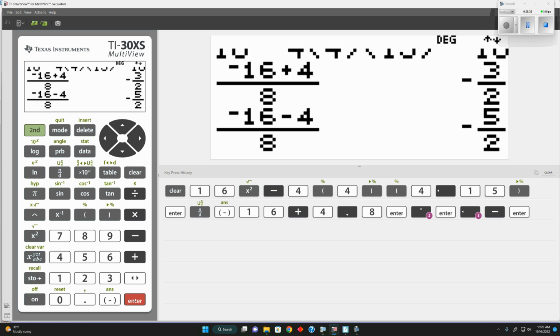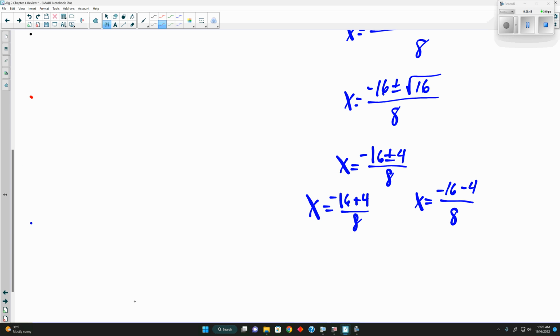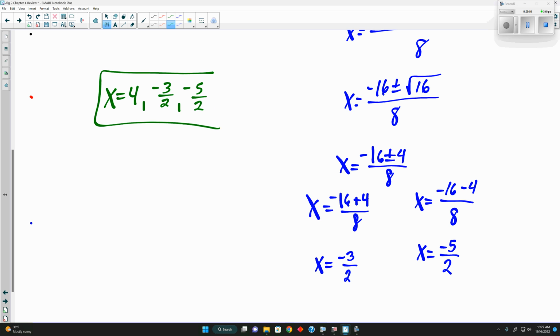So we get both, negative 3/2 and negative 5/2. So here x is equal to negative 3/2, and here x is equal to negative 5/2, which tells us our solutions are x is equal to 4, negative 3/2, negative 5/2. And that's it.